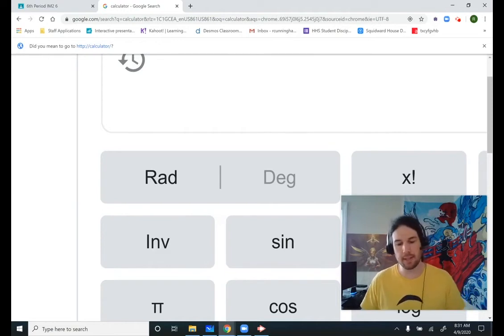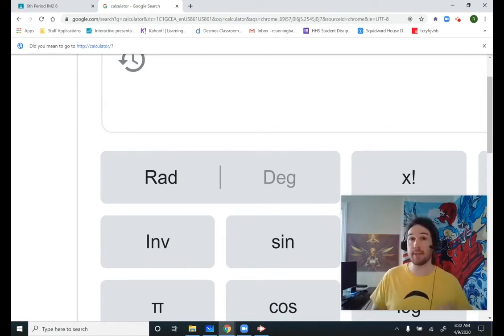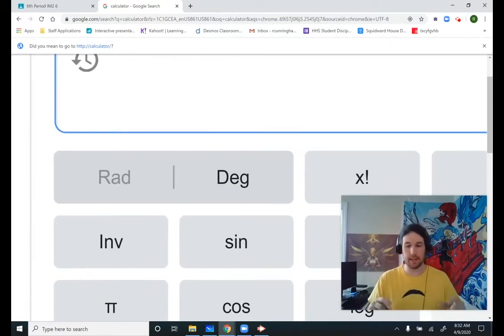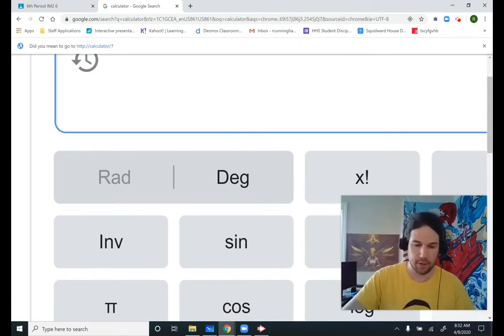There are 2 buttons here. One says rad and one says deg. Deg stands for degrees. Rad stands for radians. They are two different units that you can use to measure angles. So far, we've only used degrees, so I'm going to hit that and see now how the degree sign is darkened, it's black, and the radian side is grayed out. You need to be in degrees or you're going to get weird answers.